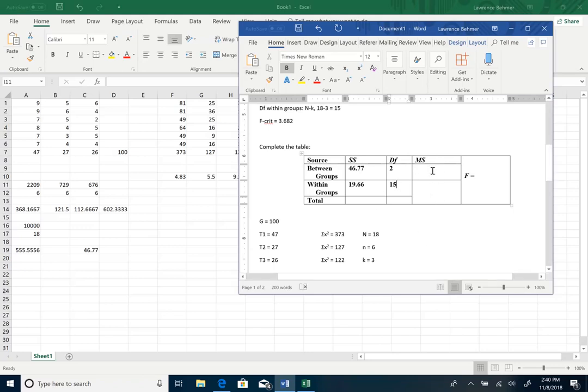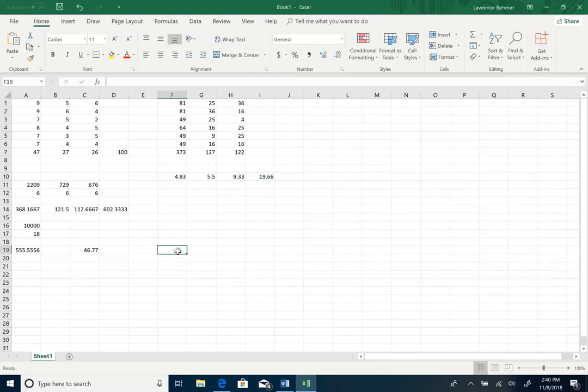All you need to remember is that your mean squares is derived from taking your sum of squares and dividing it by your respective degrees of freedom. So the mean squares for between groups is going to be 46.77 divided by 2, right? So let's figure that out right now. 46.77 divided by 2 gives us 23.39.